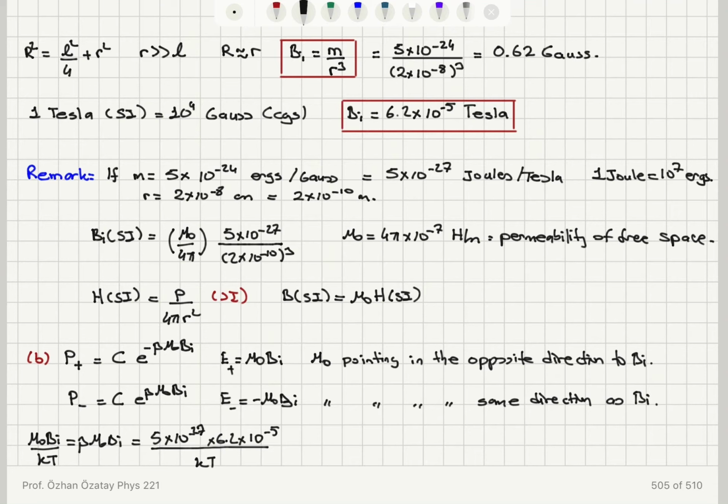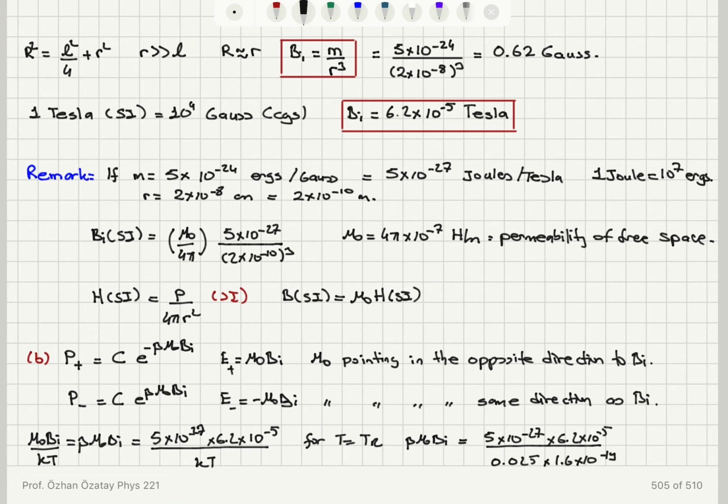So let's check for T equal to T_R: this beta mu 0 Bi value would be 5 times 10 to minus 27, 6.2 times 10 to minus 5, divided by 0.025 electron volts, 1.6 10 to minus 19.